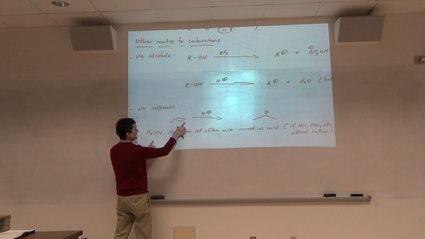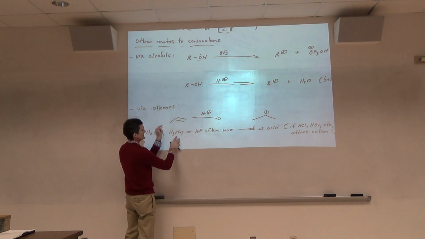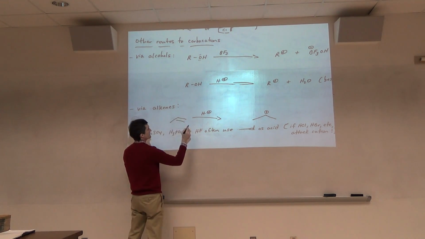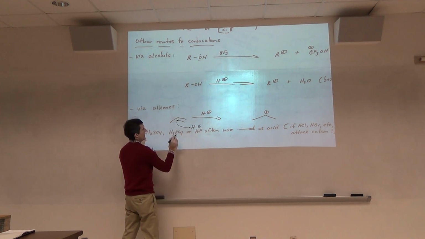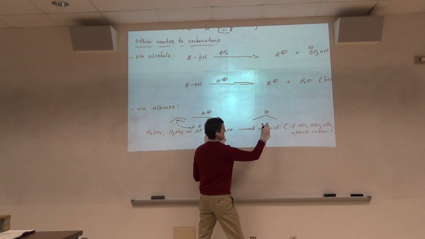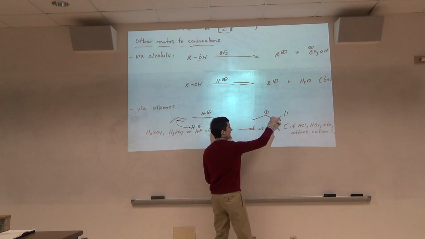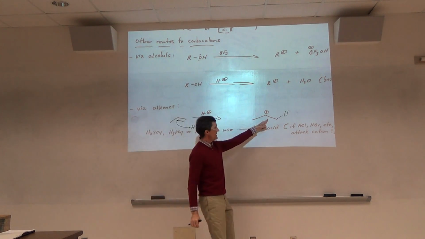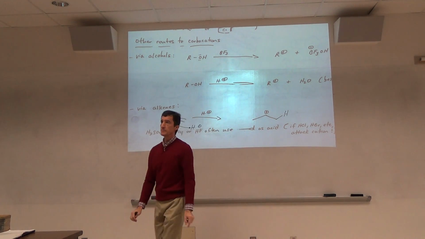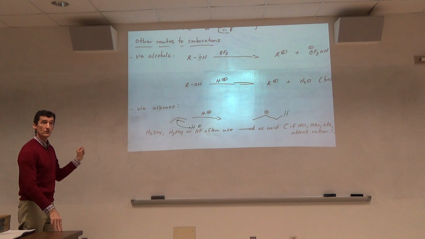If this attacks H+, you're going to leave the carbocation on the left or right? On the left. So it pulls away from the left, and it gives this carbocation with a new H added there. But this carbocation is the same one we made in the mechanism above from an alkyl chloride.